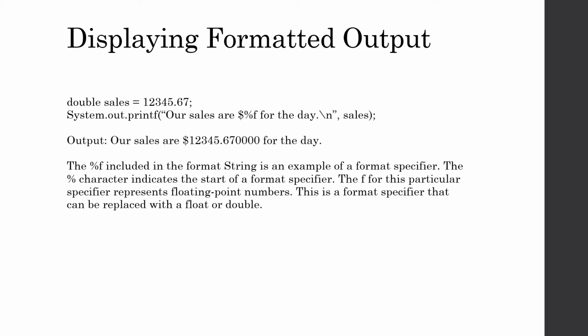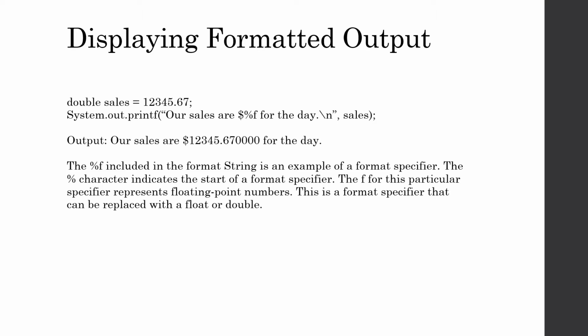And then after our string, we're going to have a comma, and then another item, so another variable in this case, that we're putting into that pair of parentheses. Right here we're going to put in sales, and so sales is going to be part of that argument list. This is going to be the thing that will eventually replace the %f that we see inside of our string that we're trying to format.